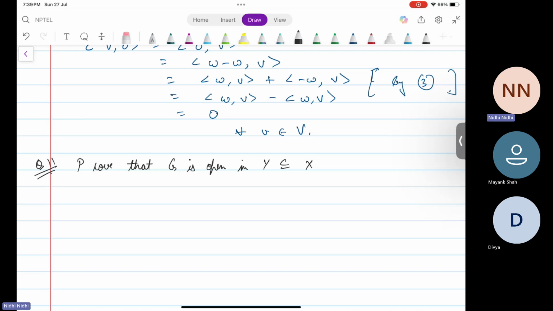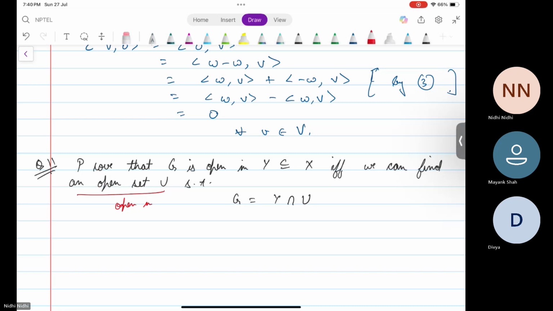That's what we call the submetric. G is open in Y if and only if we can find an open set U such that G is equal to Y intersection U. Now, by open set, we mean open in X.